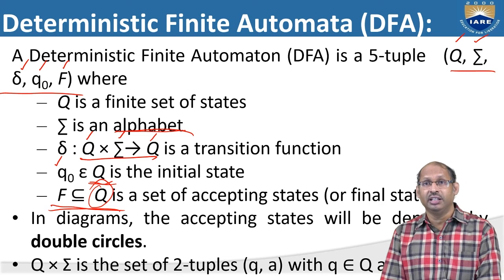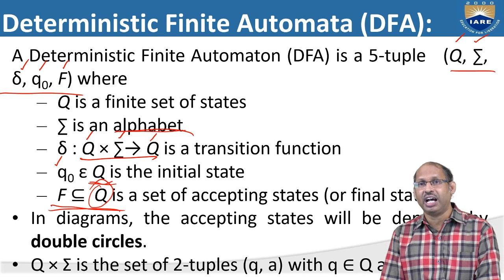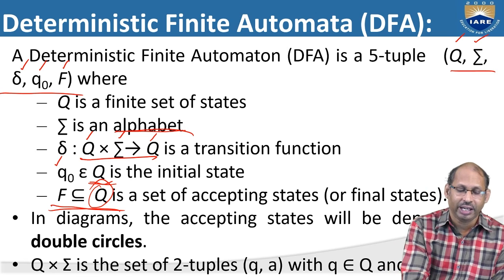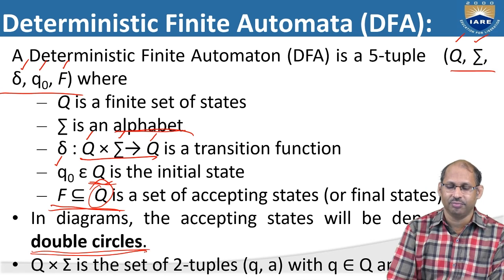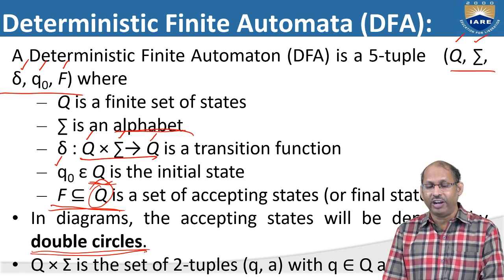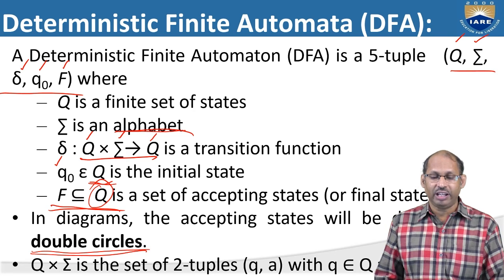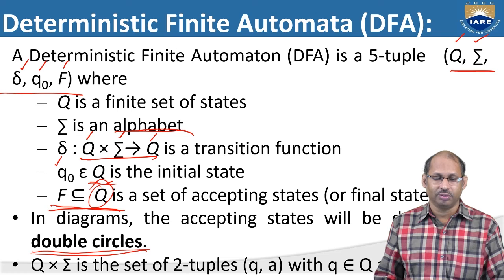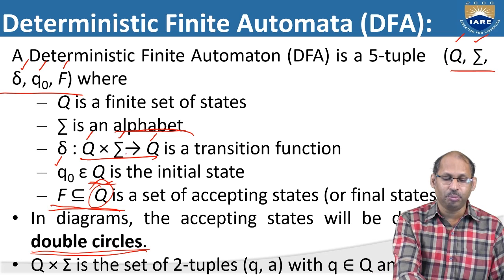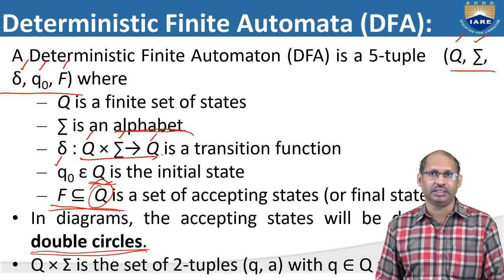Here, all the final states, the accepting states, are denoted by double circles. So here we are talking about the transition function: a state on an input alphabet gives a state.